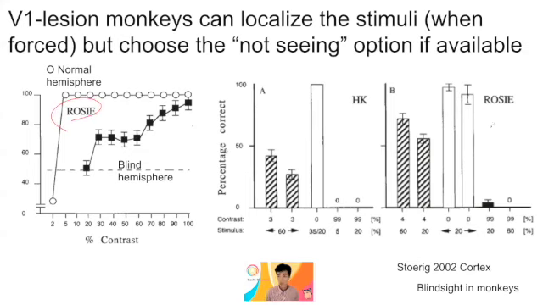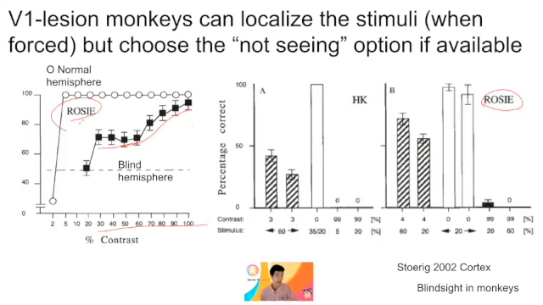Okay, so Rosie, in the forced localization task, can actually do above chance up to about 30% contrast. She can choose where the stimulus is if it's two alternatives, right?